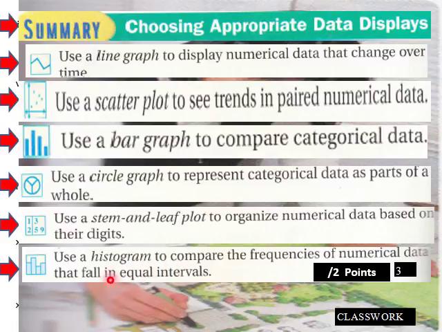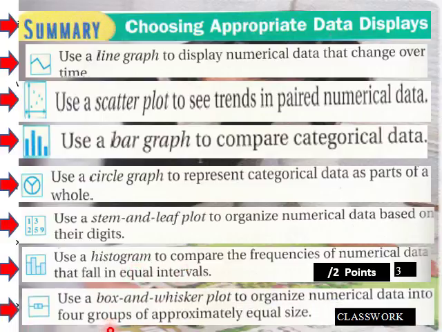If you have equal intervals in your data, you can divvy it up. That would be the way to go. And then a box and whisker to organize data into 4 groups of approximately equal size. So here's a good list of which way to show data.